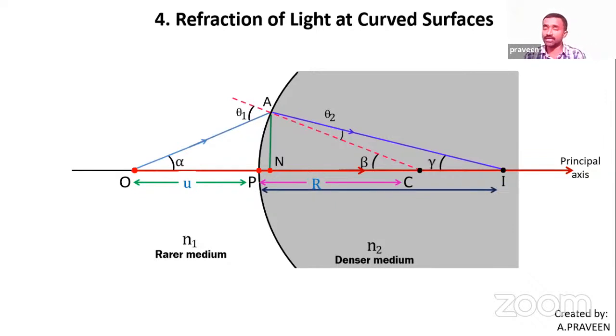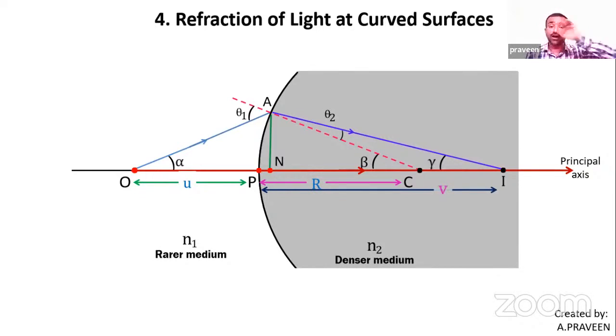The pole to image distance you are measuring is simply the image distance. That is V. So represent that as V here.